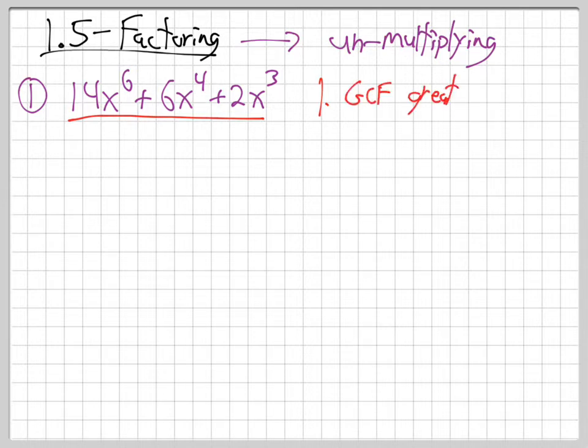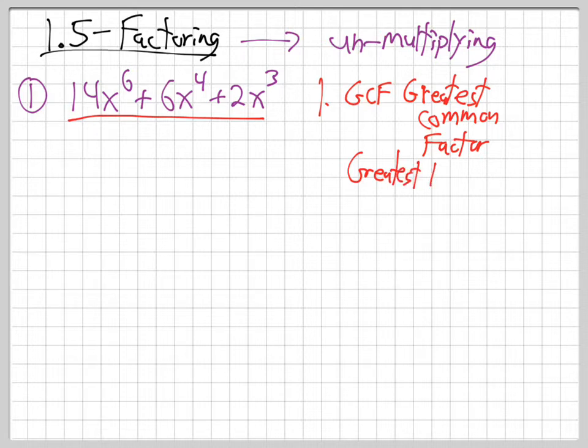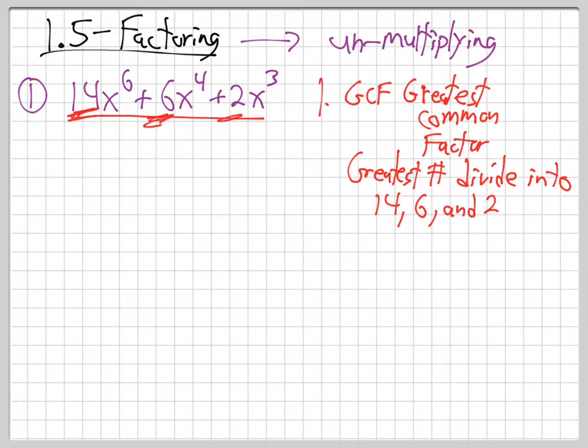GCF stands for greatest common factor. The greatest common factor is the biggest, or greatest, same word, number that will divide into 14, 6, and 2.